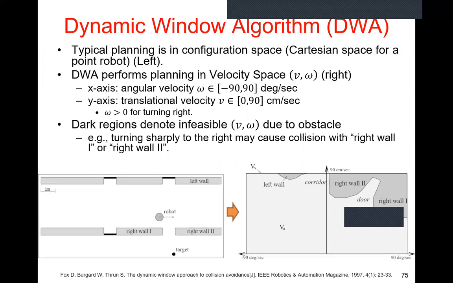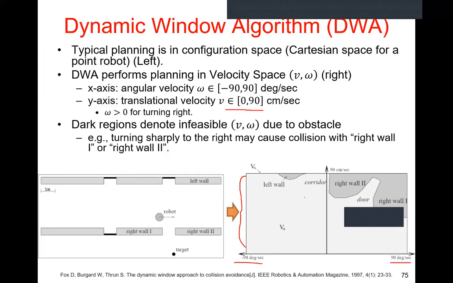For example, if the angular velocity has a range from -90 to +90, that's on the x-axis, and the translational velocity has a range 0 to 90, that's on the vertical axis, then you have this two-dimensional velocity space. And you plan in this space, not in the configuration space on the left.